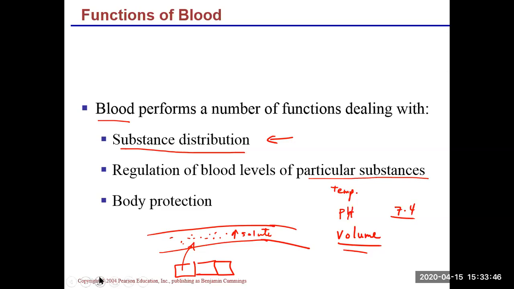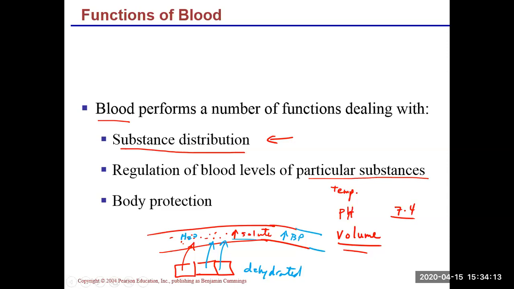Go back to the experiment of the osmosis that we discussed. So water is losing from your cells, so your cells become dehydrated. You're losing the water, but because the solute attracts the water, your volume is going to go up. So your blood pressure is going to go up.